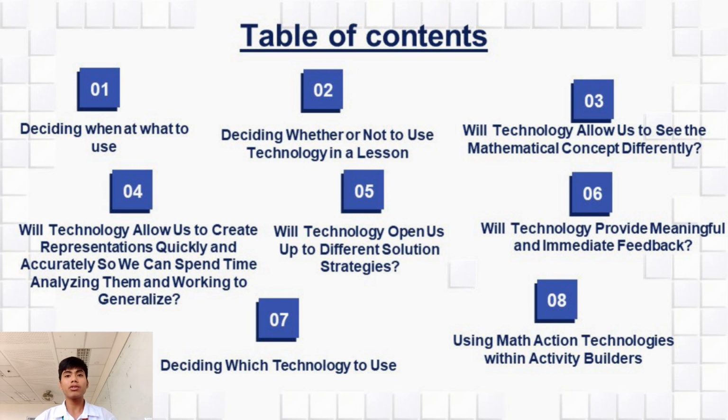Fifth is, will technology open us up to different solution strategies? Sixth is, will technology provide meaningful and immediate feedback? Seven is, deciding which technology to use. And last is, using math action technologies within activity builders.